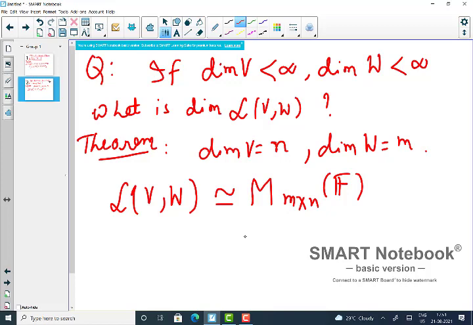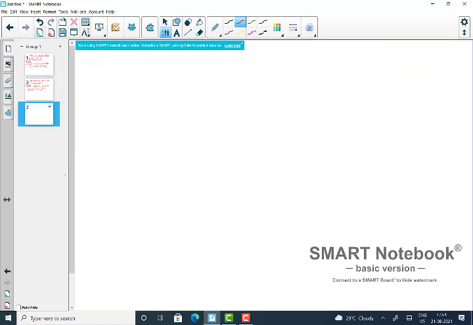That theorem also has consequences, which give an exact formula for the dimension of this space of linear maps from V to W. Now let me start with the proof.